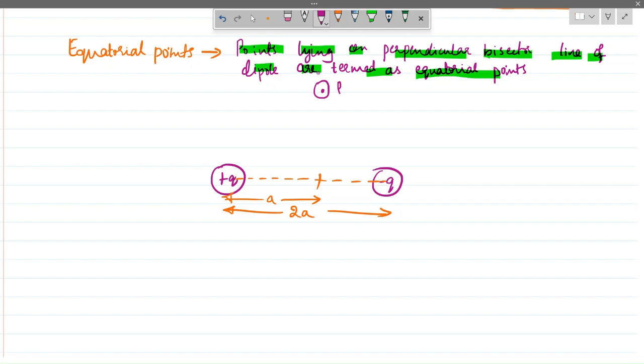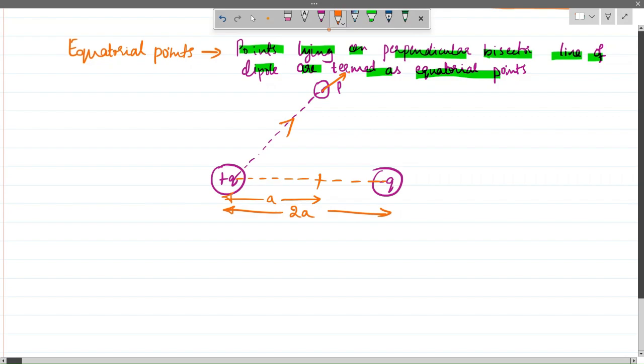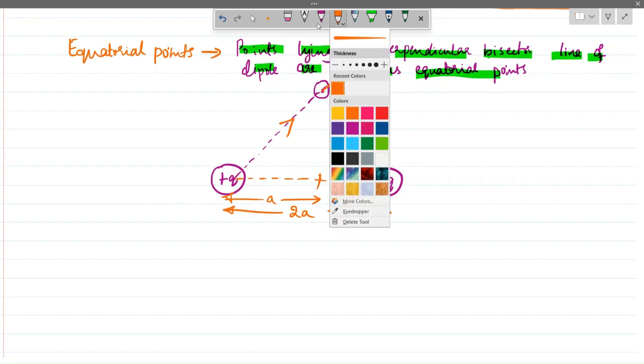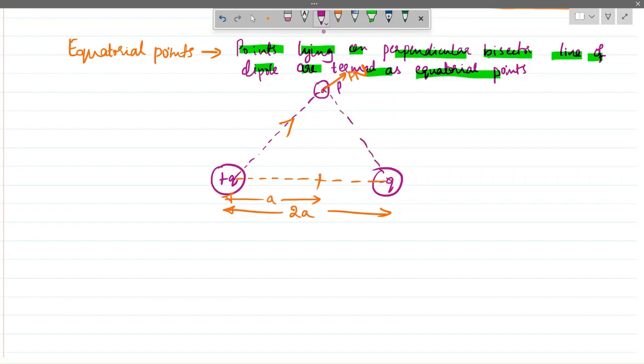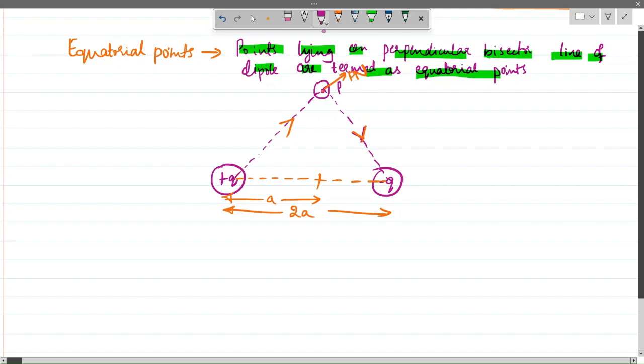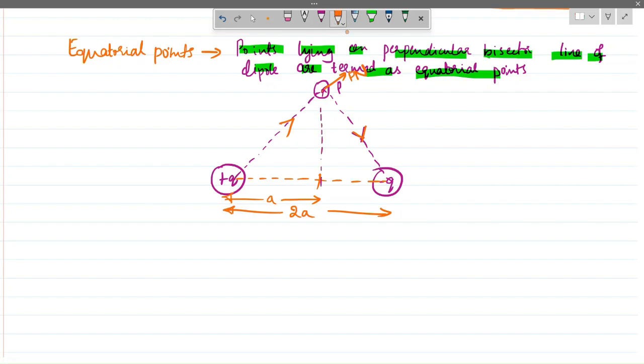As we all know, electric field intensity from the plus q charge is directed in the outward direction, and it extends up to say PN. And for the negative charge, it is directed radially inwards. This point p is lying on the perpendicular bisector of the dipole.